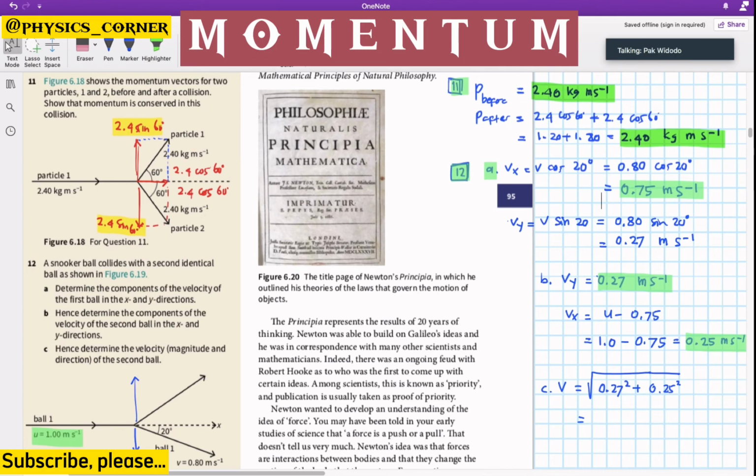We root it and get about 0.37 meter second minus 1.